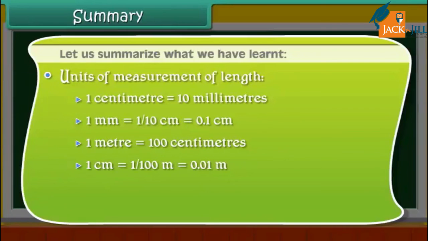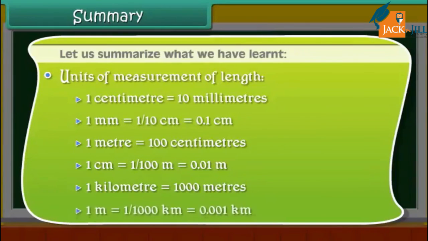That is equal to 0.01 meter. 1 kilometer is equal to 1000 meters. 1 meter is equal to 1 by 1000 kilometers. That is equal to 0.001 kilometer.